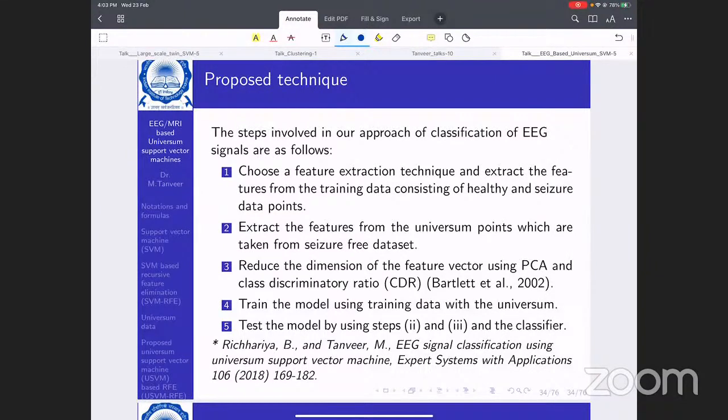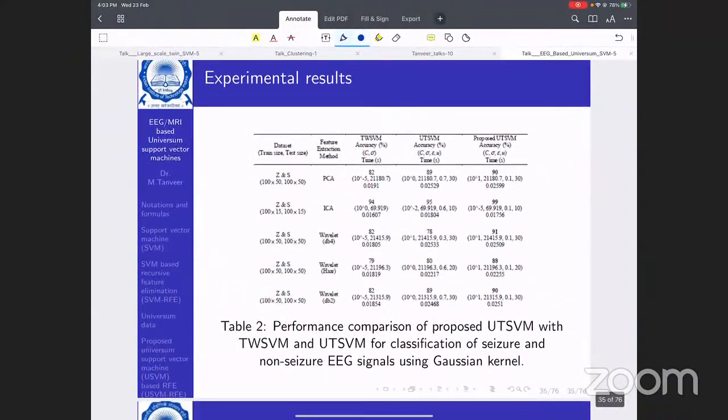Then we train the model using the training data with the universum and then test. We have done some experiments, and this paper was published in Expert Systems with Applications and is in the category of highly cited papers of that journal since 2018.